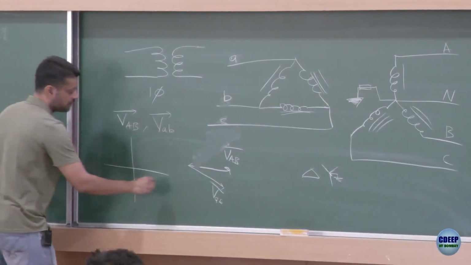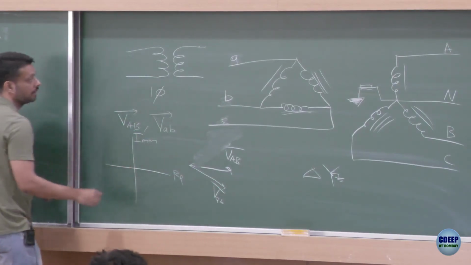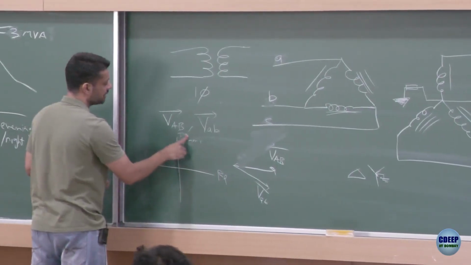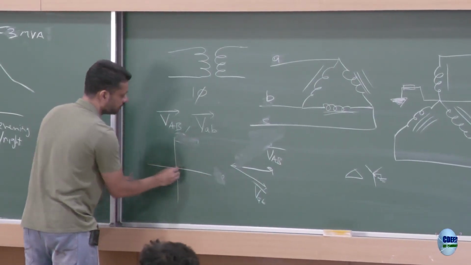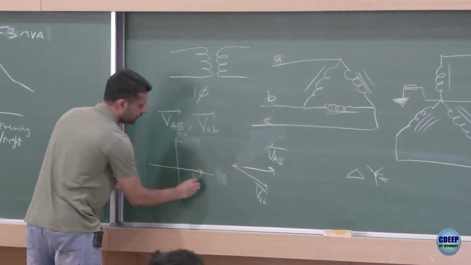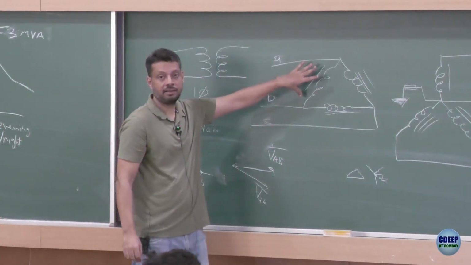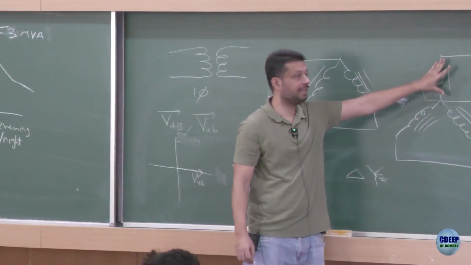If this is your real and this is your imaginary plane, these are just phasors. If this is your V small ab, it will have the same phase as VAN.